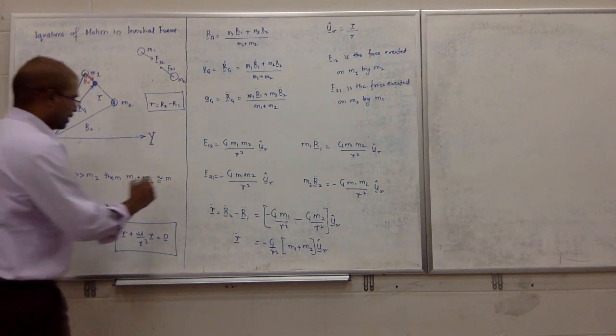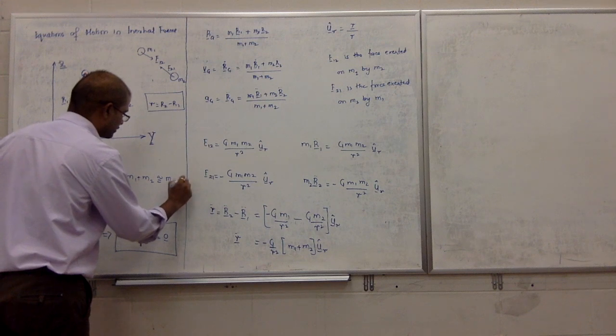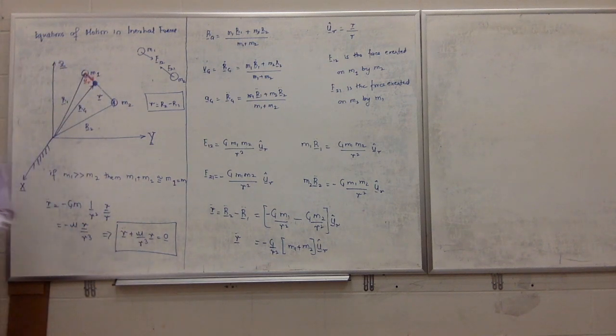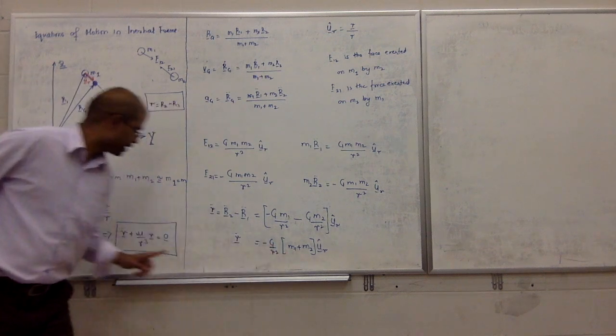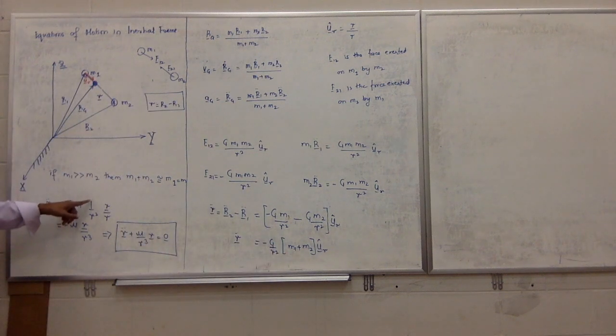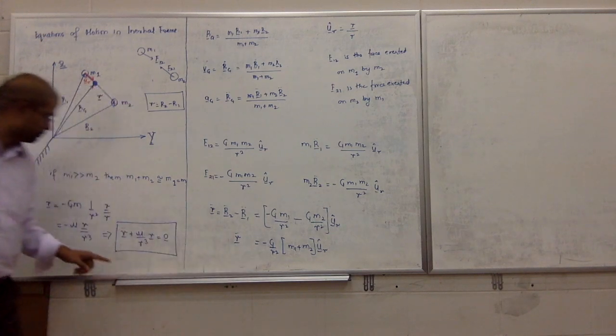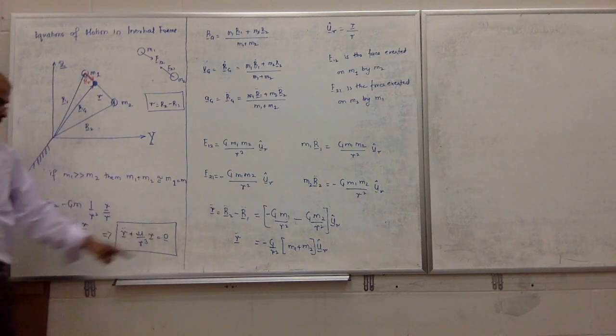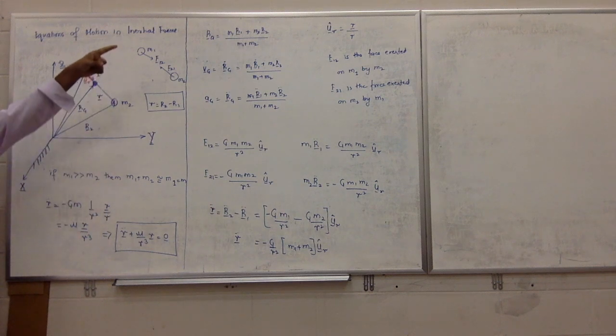I'm just going to write this as M, the mass of the bigger body, the central body. UR was simply R over R. You see that?